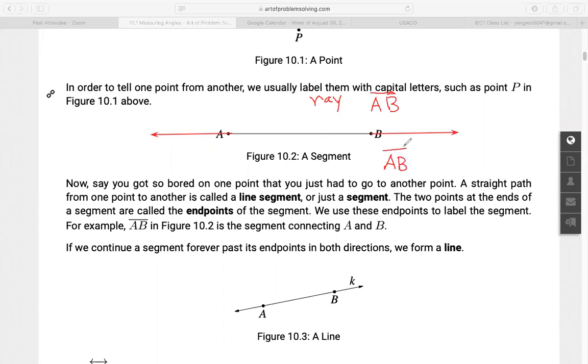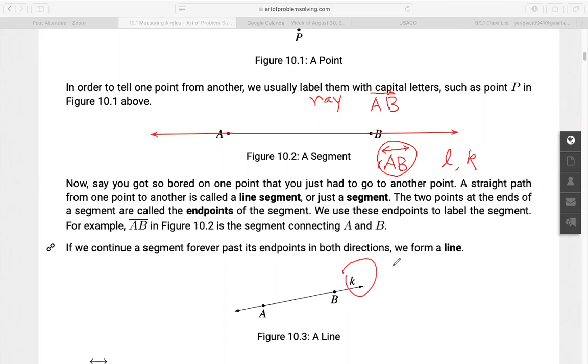Then we add 2 arrows here, one pointing to the right side, another pointing to the left side. This sign represents a line. A line you can represent with 2 capital letters. You can also use a lowercase letter like L or K, like what the textbook did here, using K to represent this line.